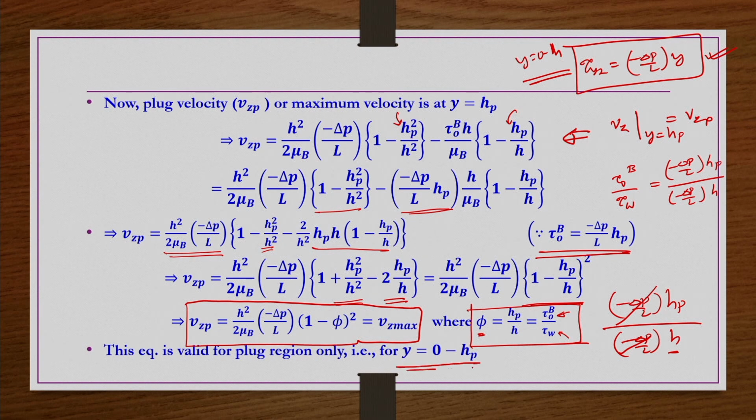And this is valid between 0 and Hp, that is, the non-deforming solid plug-like material that is moving like a solid plug, like a plastic plug. That plug-like velocity is given by this velocity, and it is valid only between 0 and Hp.